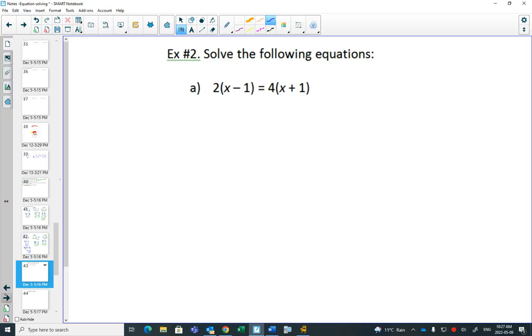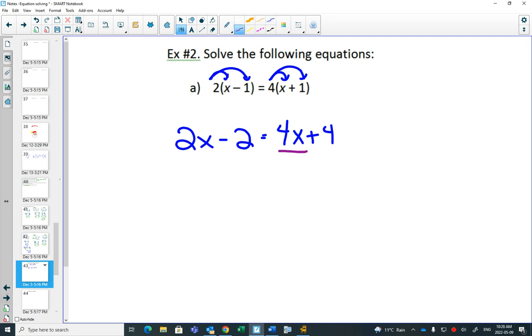Okay, so now example 2, we have distribution on both sides. So here I can distribute the 2, and here I can distribute the 4. That would give me 2x minus 2 and 4x plus 4. Now I have like terms. Can you see that the 4x and the 2x are like terms?